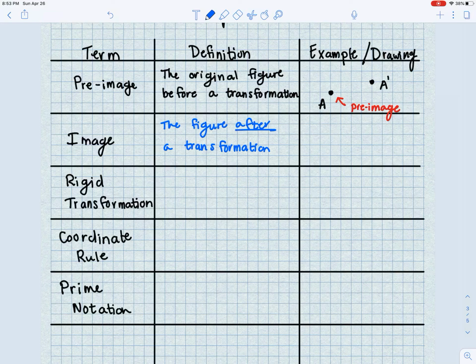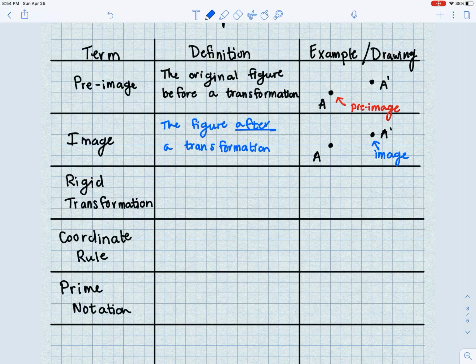If I take my example from preimage, point A was my preimage, and then point A prime is what I'm going to call my image. Oh my goodness, forget what I just said. A is my preimage, A prime is my image. There we go, because a transformation has happened to it.